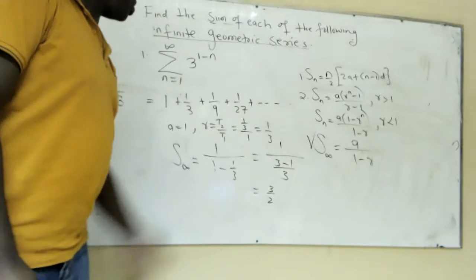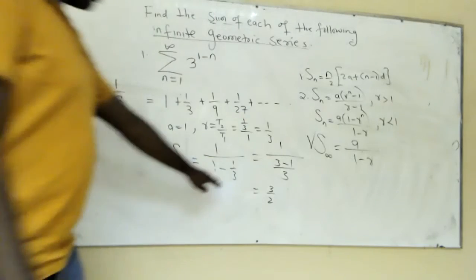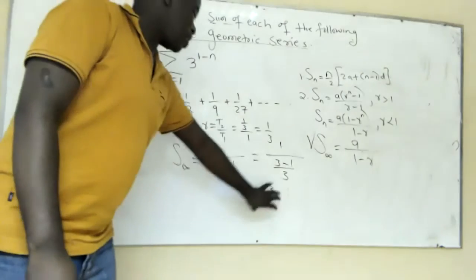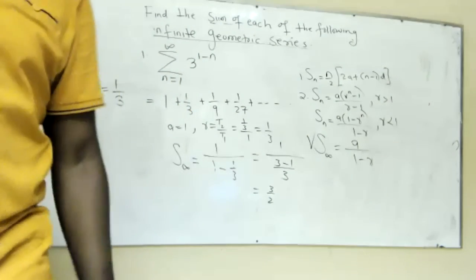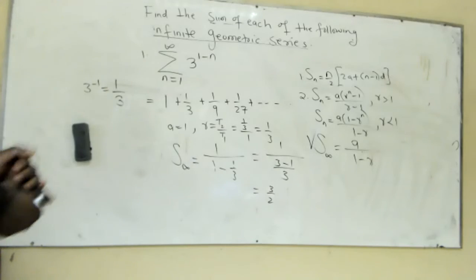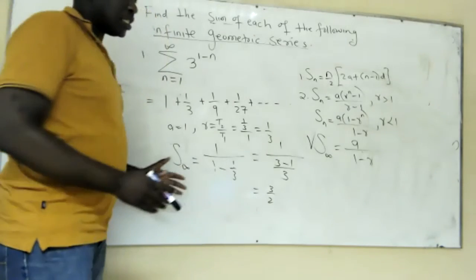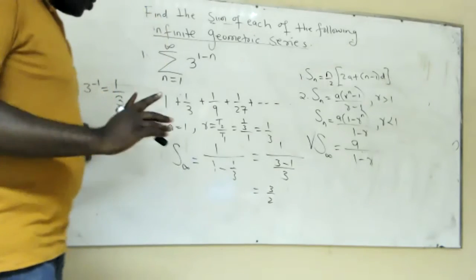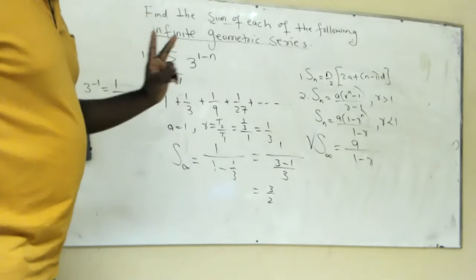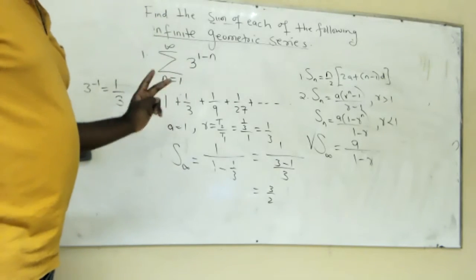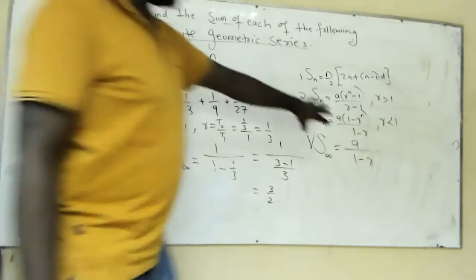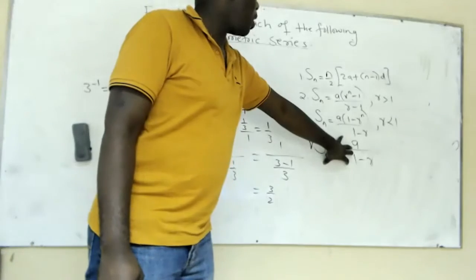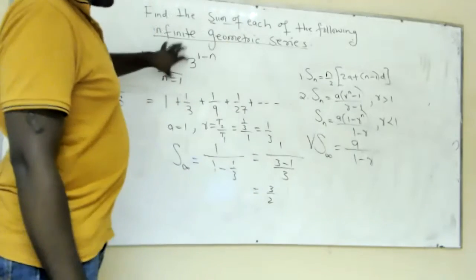So you just do simple manipulation right there, and then we deal with the fraction, and we obtain the final answer that we are looking for. And that is how you're supposed to attend to this question. Now, you can see this question covers the two aspects of the lesson we have covered today: the infinite geometric series and the summation.